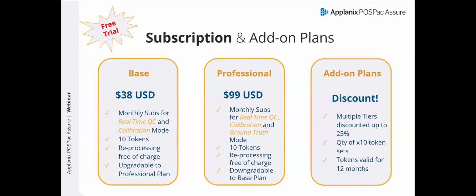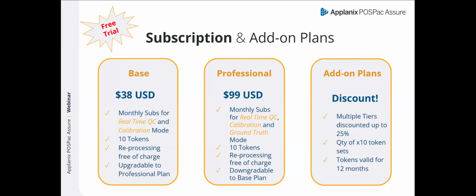The professional plan features real-time QC, calibration, and ground truth. With a professional plan, you can generate an SBET file. Same here, you have 10 tokens included. Reprocessing is free of charge, and you can downgrade to a base plan if needed.